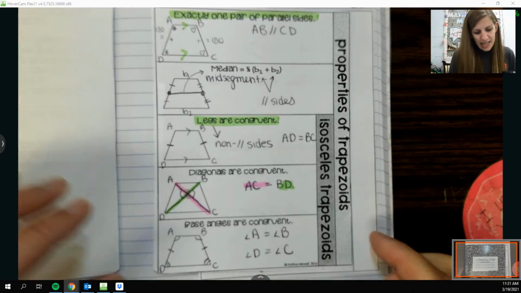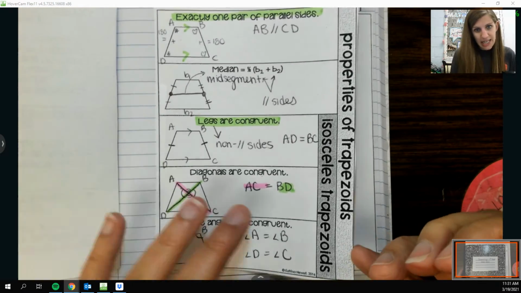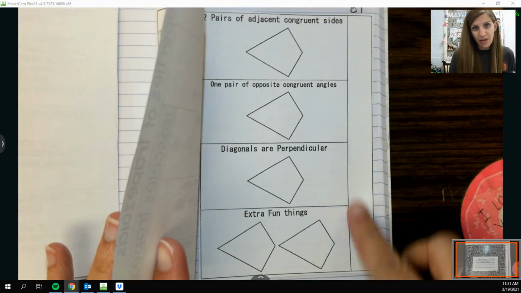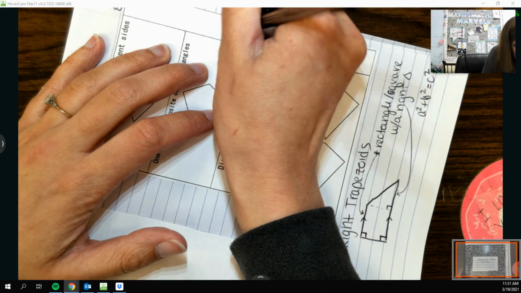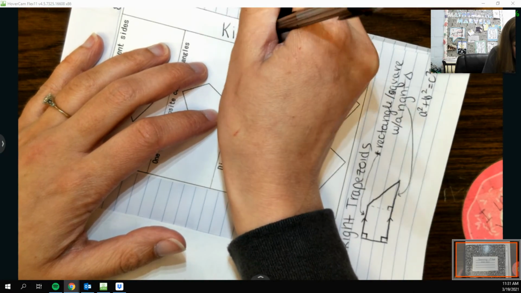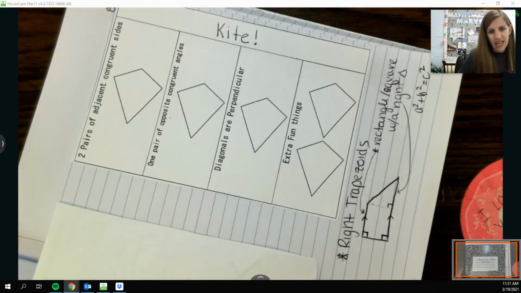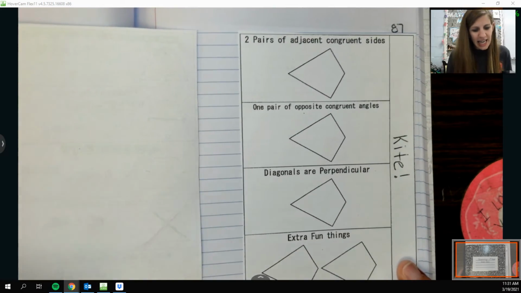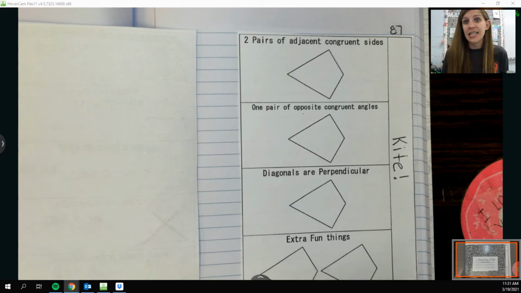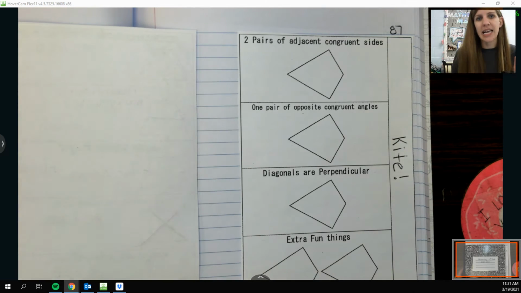Now, the last one that we have is actually underneath this, and the label is not drawn on there for you. So we're going to write on the side of that: this is our kite, our very last quadrilateral. A kite is a kite because it has no sets of parallel sides.